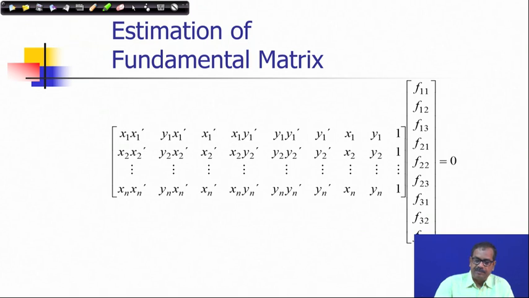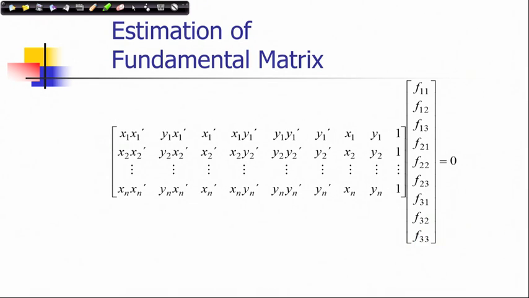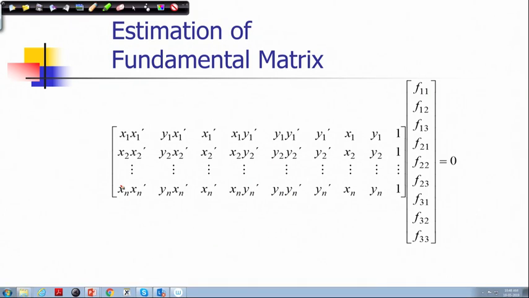So, this is a representation of the set of equations with n pairs of corresponding points, and you can see this is that matrix A I was referring to. So, this is matrix A and this is the F, that is the column vector consisting of elements of the fundamental matrix, that is the unknown, and this is a set of equations.